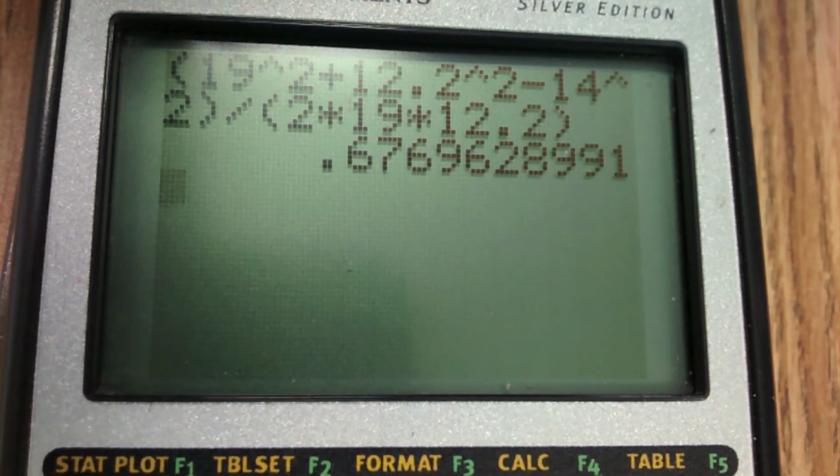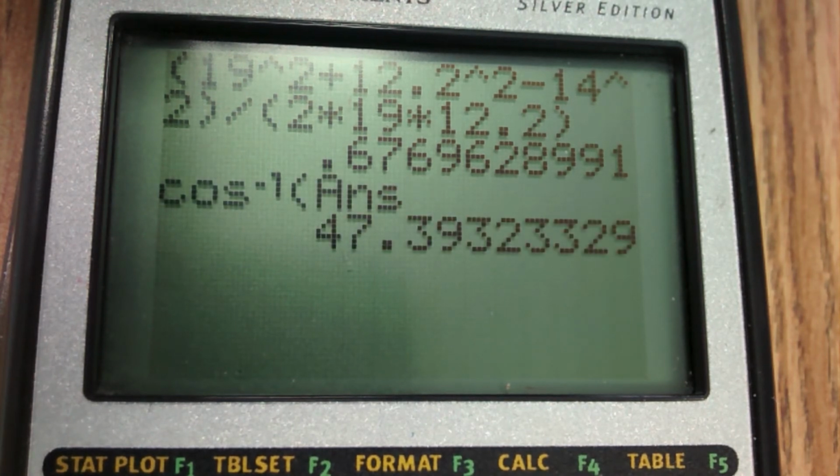And I have a number that looks like it's an odd number for an angle. So then I realized, oh, I've just forgotten to second cos, and that's easy to correct at that point. Instead of retyping it all, just go second cos, and then second answer, enter, and then I have my unrounded.